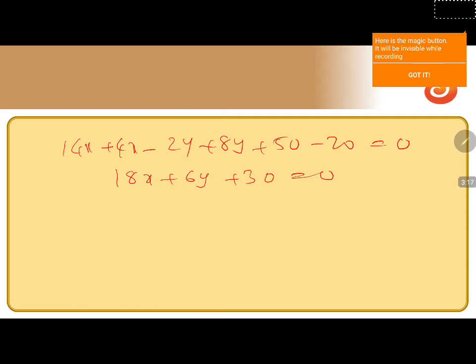Now we will simplify. 14x plus 4x minus 2y plus 8y plus 50 minus 20 is equal to 0. This gives us 18x plus 6y plus 30 is equal to 0. Divide by 6 throughout. You get 3x plus y plus 5 is 0.